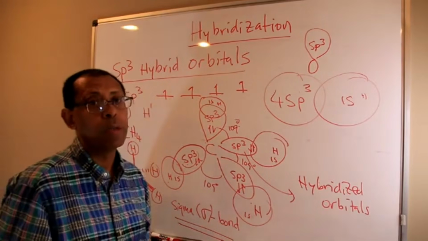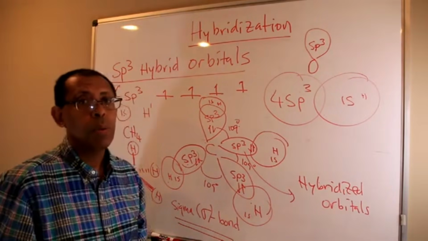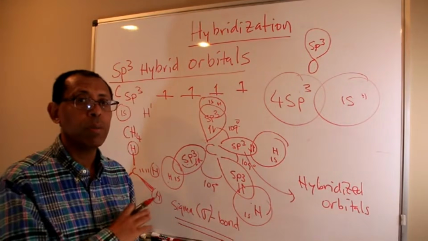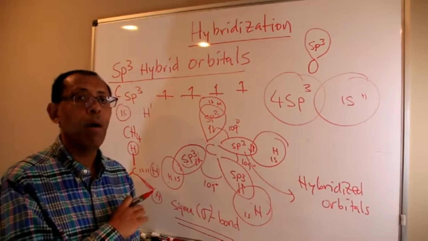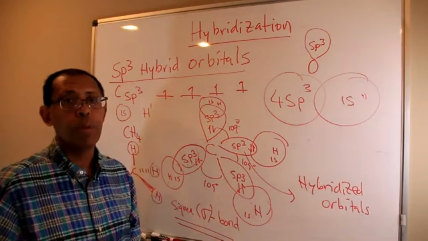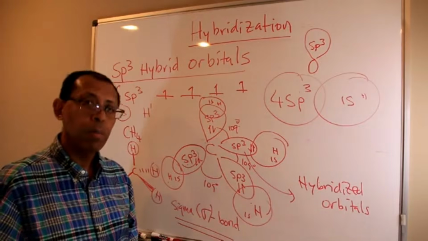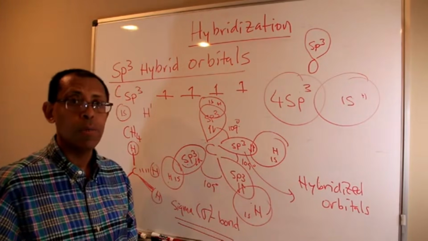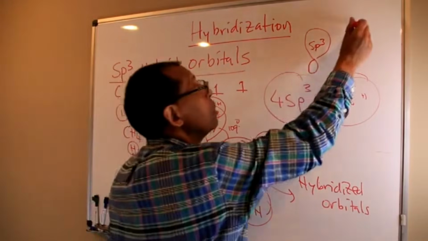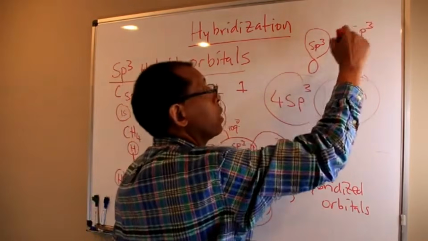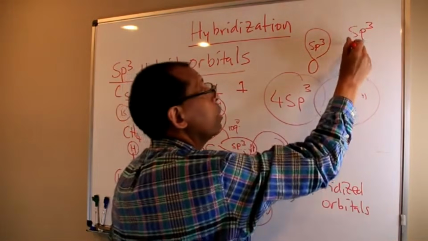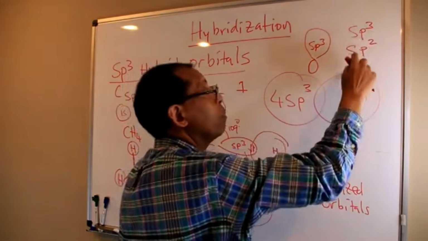sp2 hybridized orbitals. The sp2 hybridized orbitals are made of one of the s orbitals of carbon and two of the p orbitals in carbon. So there is sp3, which we just discussed, from hybridization of one of the s with three of the p. There is another one which is called sp2.